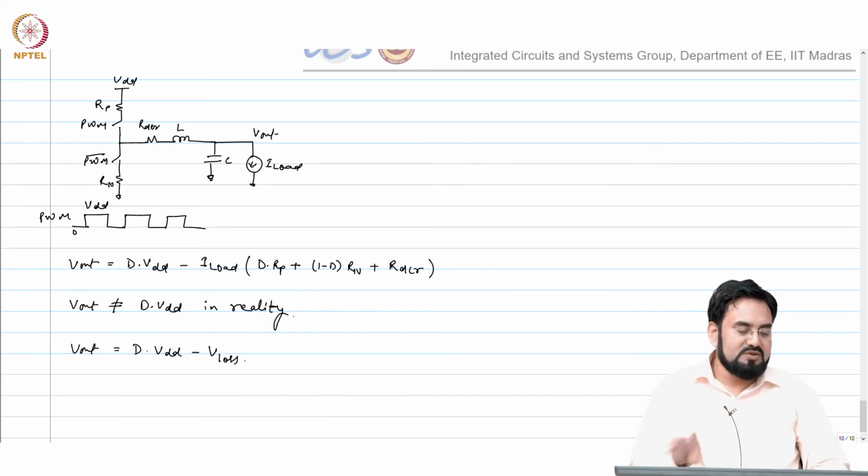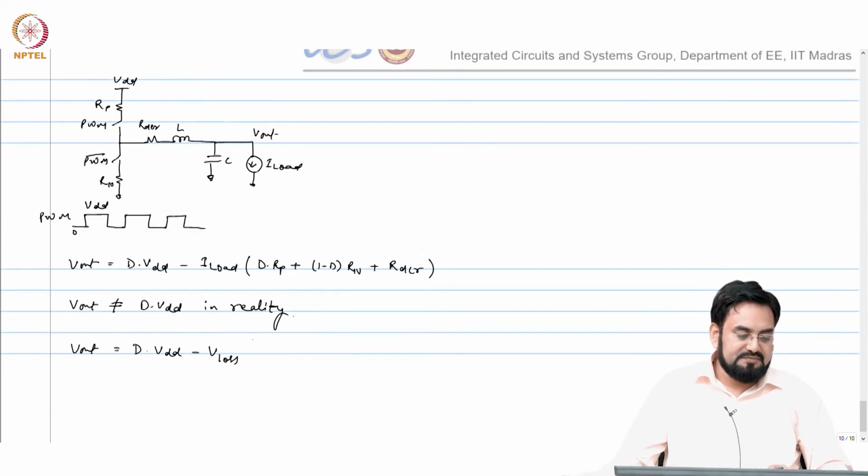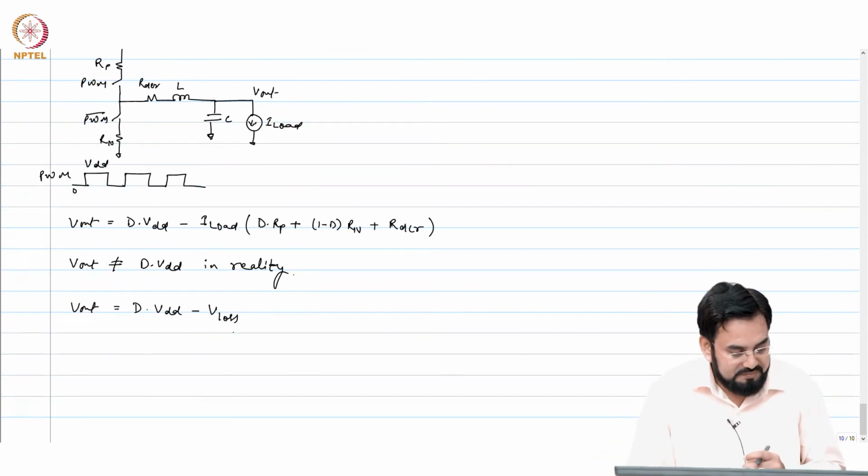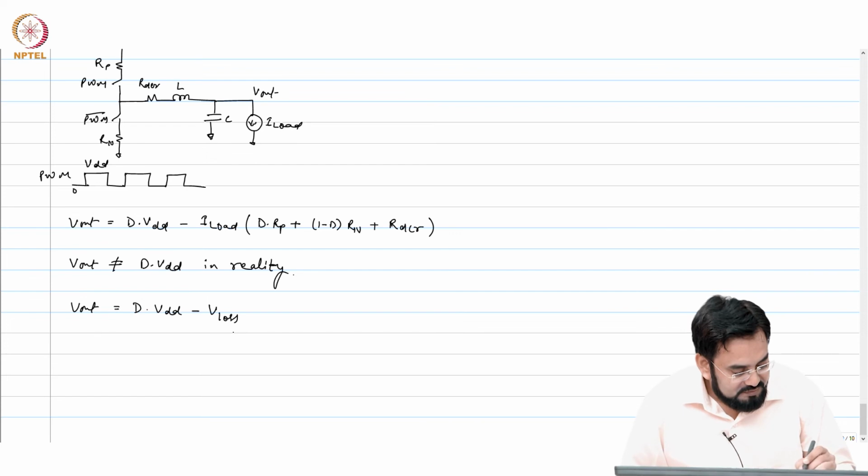So, we are losing some voltage there, which I am simply calling V loss. Which means if this is your ideal, V out, I will call it V out no loss.